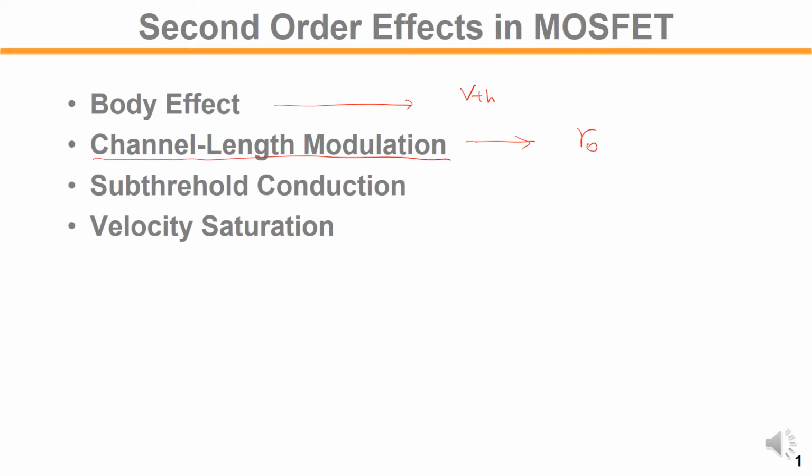Then the subthreshold conduction results in non-zero ID below VTH, with VGS below VTH. And also the velocity saturation, so maximum current is limited when you apply a very large voltage VGS. Okay, we will see them one by one and see what kind of circuit behavior is expected.